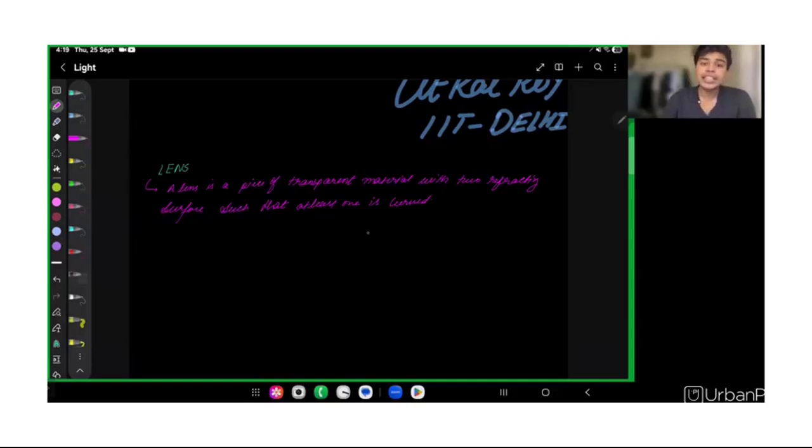The main definition is at least one curved surface should be there, and the refractive index of its material is different from that of the surroundings.